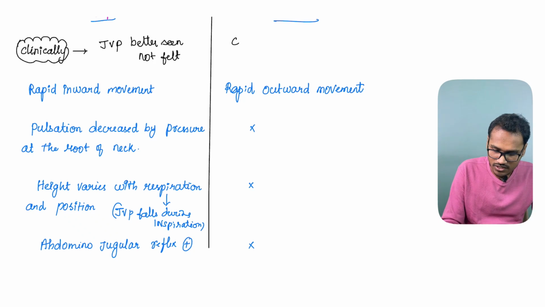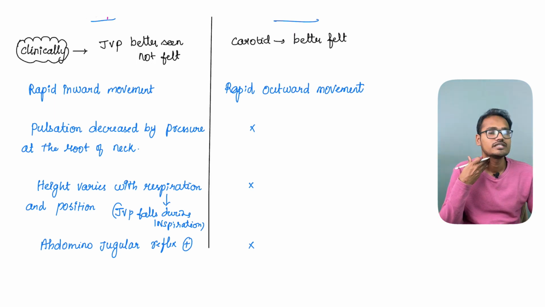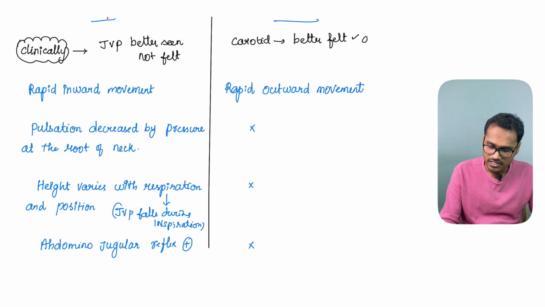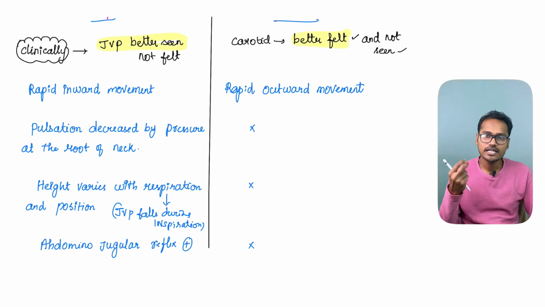Whereas a carotid is better felt. When you palpate it, it will be better felt and you can see the pulsations coming and going. Carotid is better felt and not seen properly. So this is one of the classical differences between a JVP and a carotid. If you go and palpate it, if it is felt very nicely, then it is a carotid, not a JVP.